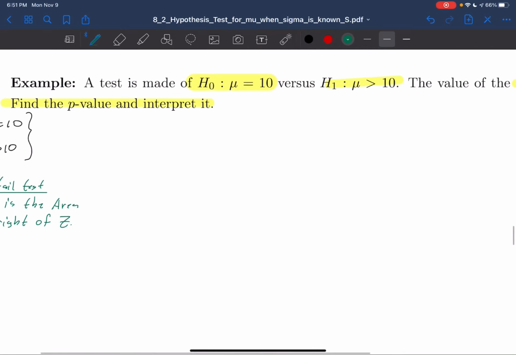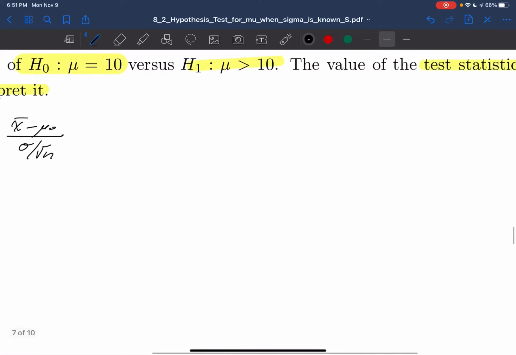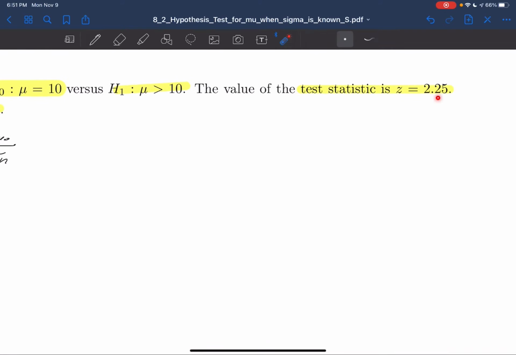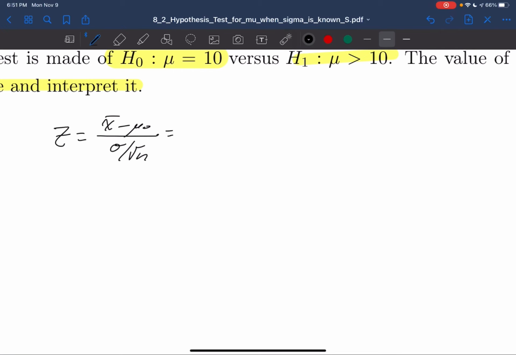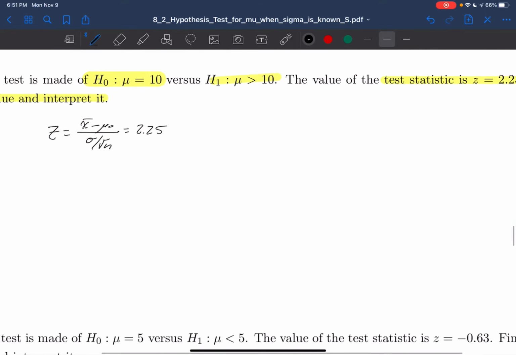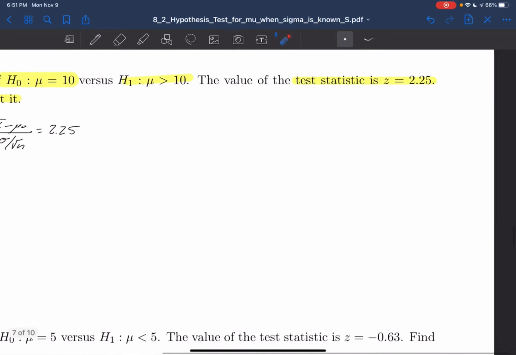So let me write this in black. Z is going to be equal to x bar minus mu naught divided by sigma over square root of n. But they already gave us the value of z, so we don't have to compute this. Again, we're just practicing how to compute the p-value. So z is 2.25. You want to find the area to the right of this z value.